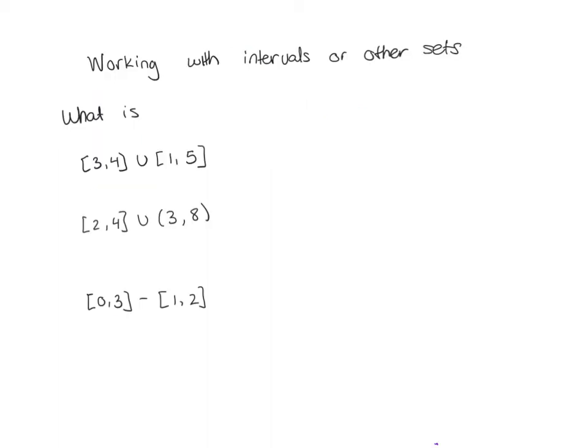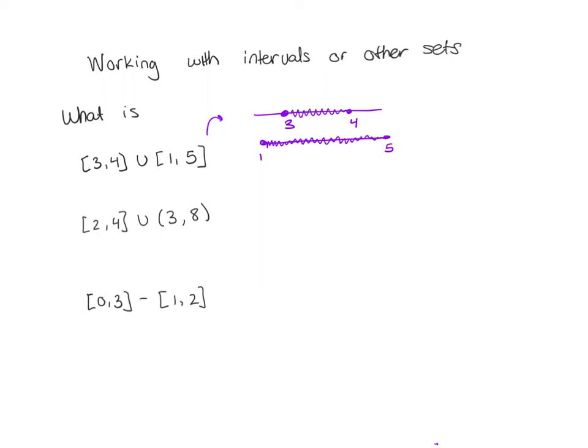When we have sets that aren't just listing out the elements, but are instead given to us as intervals, we can still take those intersections and unions. So let's think about what that's going to look like. Here, I have the closed interval from 3 to 4, and then I'm unioning that with the closed interval from 1 to 5. Because it's union, I'm taking things that are in either one of the sets or the other set.